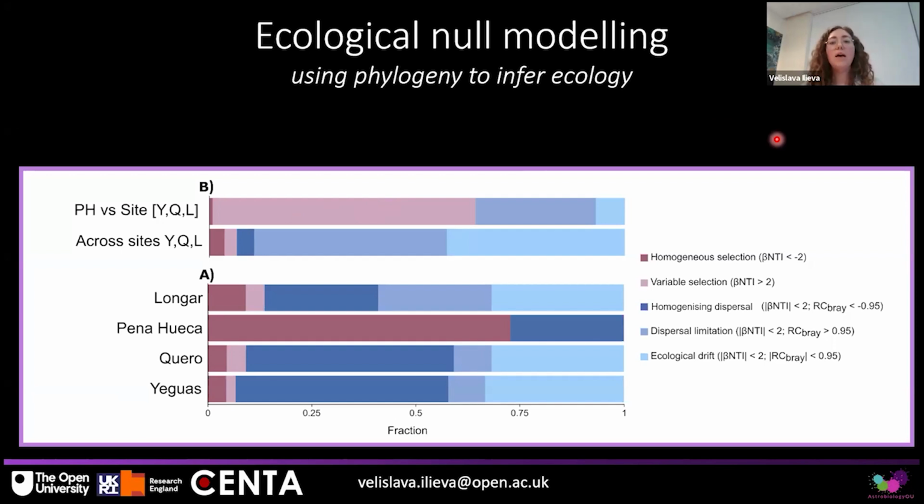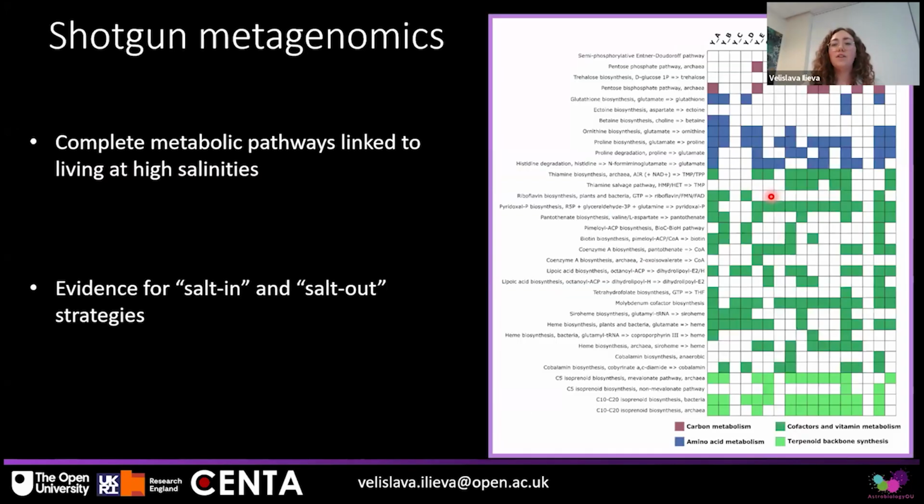So now, the next thing we did, since we had a quite good idea of what is happening to these communities, was to see how they survive in these extreme salinities. For that, we sent the samples off for shotgun metagenomic sequencing, and this is just a snapshot of the data. On this figure, you can see all the metagenomes that we sent from all 4 sites, and each line represents a complete metabolic pathway linked to living at high salinities.